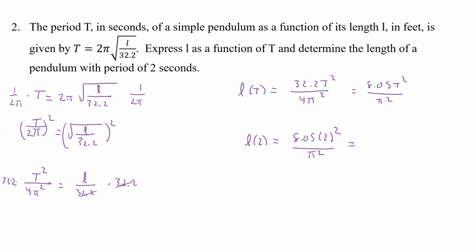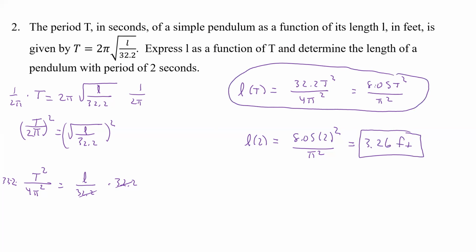So 8.05 times 4 divided by pi squared, and we get 3.263. We'll call it 3.26, and our units are in feet. So that is our expression of L as a function of t, which is one of those two, and the length of the pendulum with a period of 2 seconds is that. All right, let's stop there and we'll come back for one more.